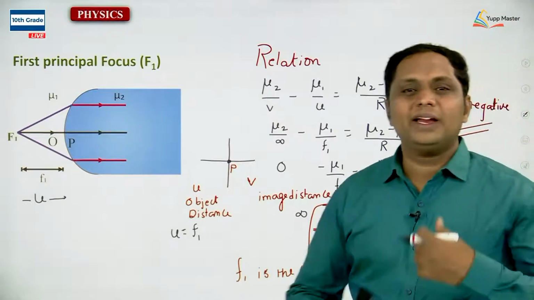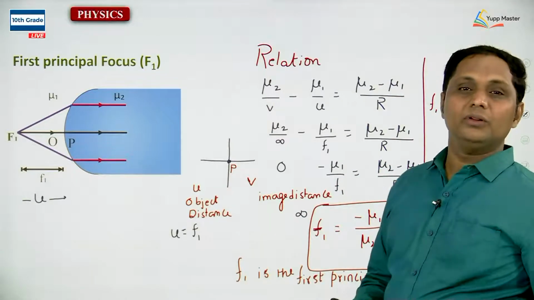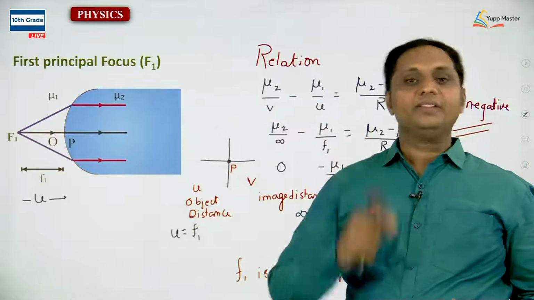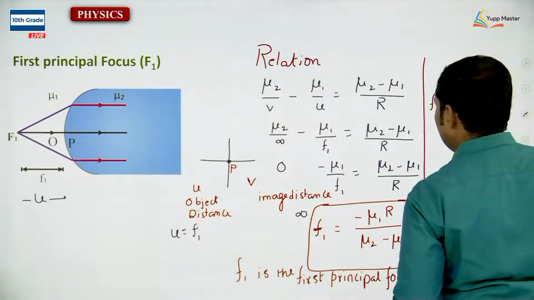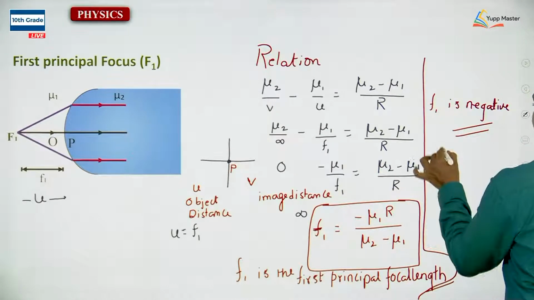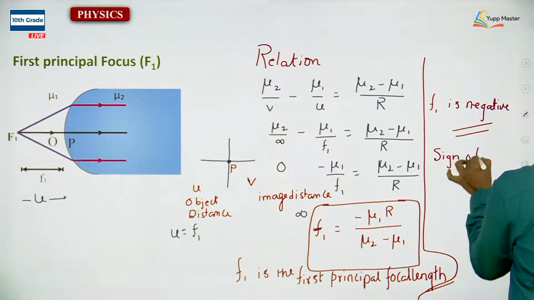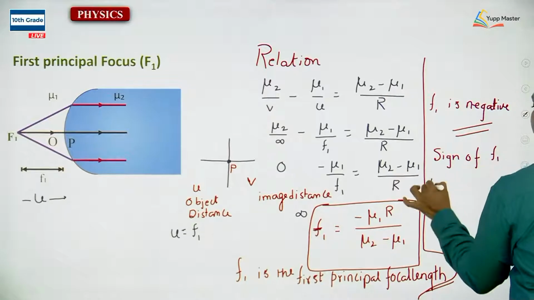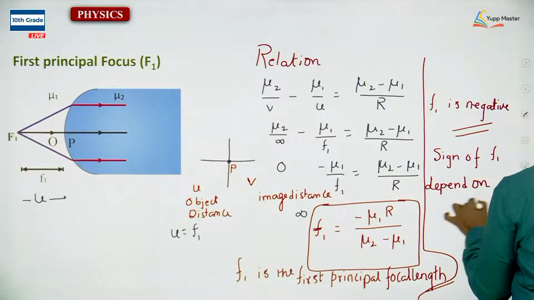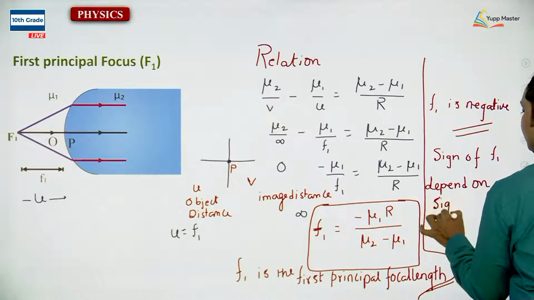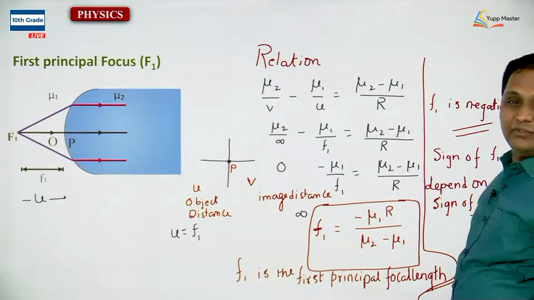In this way we will get the expression for F1 in case of a single concave refracting surface also, right. While you are talking about that sign, the sign of F1 depends on the sign of R also, right, it is very clear.